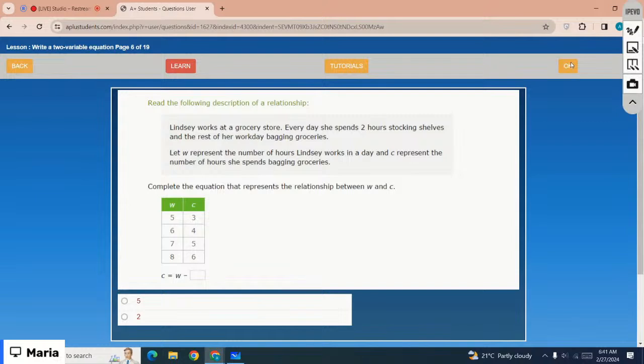The correct option is C equals W minus 2. Okay, you can complete the lesson by yourself later today.